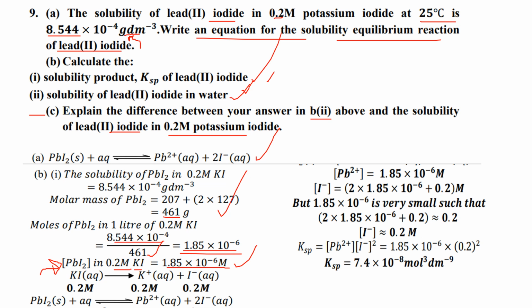But remember that potassium iodide is a strong electrolyte, so it fully ionizes in solution to give potassium ions and iodide ions. Here the iodide ions from potassium iodide are common to the iodide ions from lead iodide.